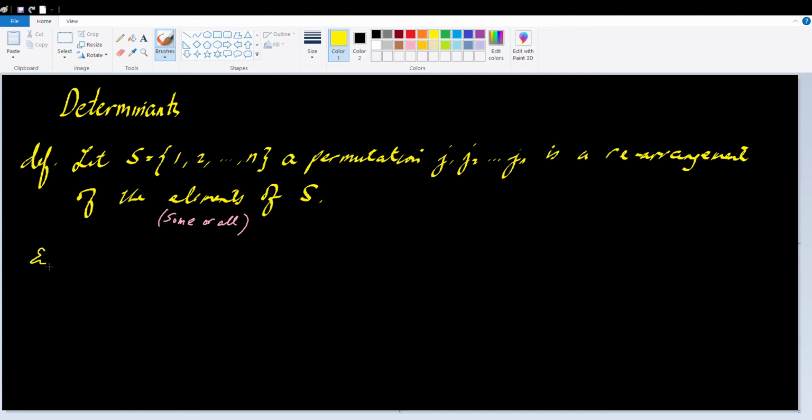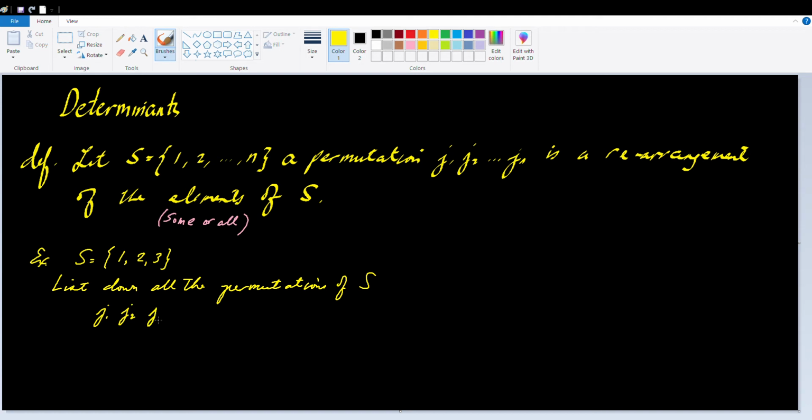So an example is S consisting of the numbers 1, 2, and 3. We list down all the permutations of S. Since there are 3 elements, we shall denote any of the permutations of S by J sub 1, J sub 2, and J sub 3.